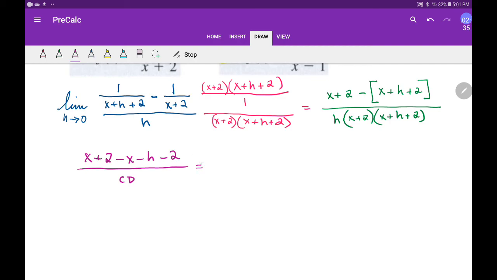I don't know if you noticed it, just about everything leaves as a result of that, and I get negative h over h. This is my common denominator, hasn't changed. And the h's cancel. So I'm left with negative 1 over my common denominator here.